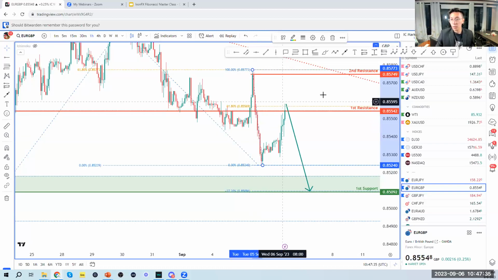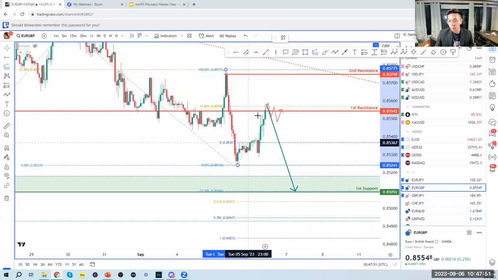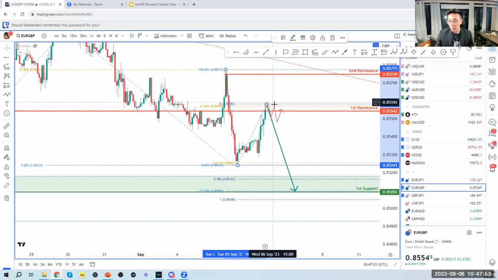If price does this, once it completes this move, let's say price is here, then you can use your projection to see where price can go. So this high, this low, and this high.